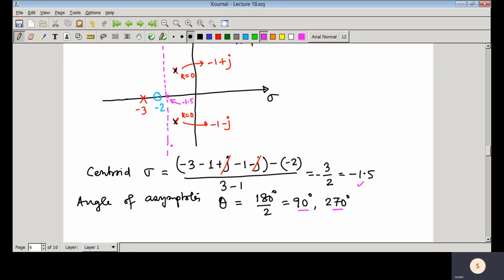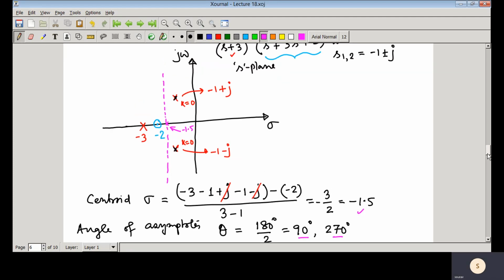Now we are interested to find what would be the angle of departure. If we consider a point very close to this particular pole, and that point is on the root locus, it must satisfy the angle criteria.